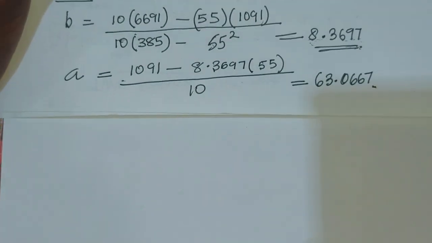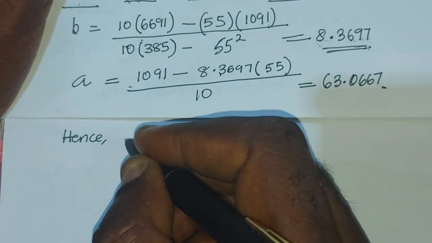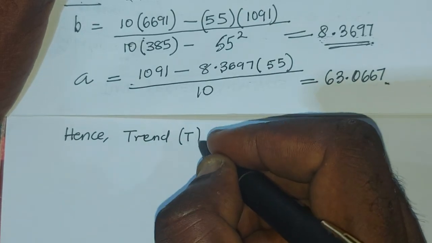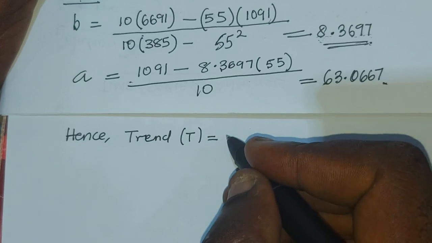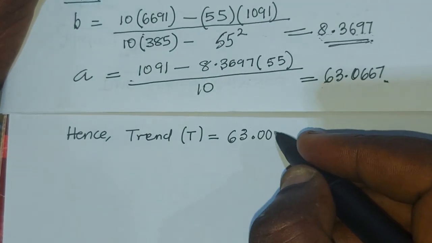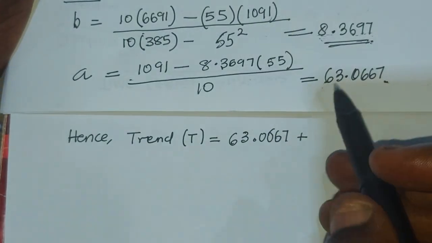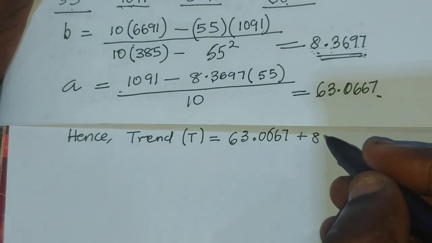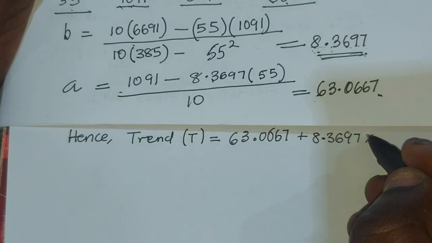Hence, I can now say our trend line, T equals to the regression constant 63.0667 plus the b, which is 8.3697 x.